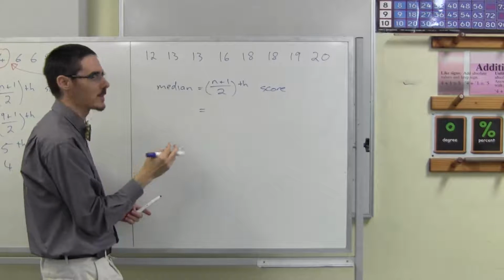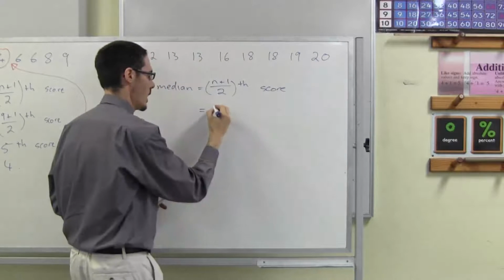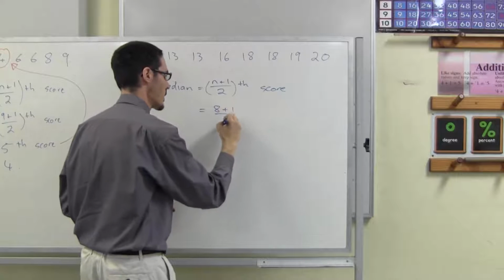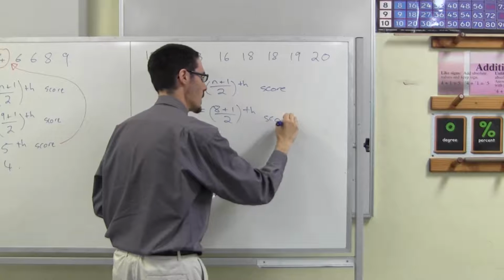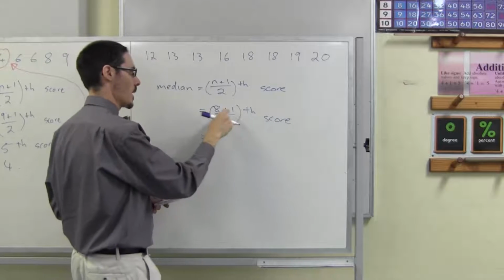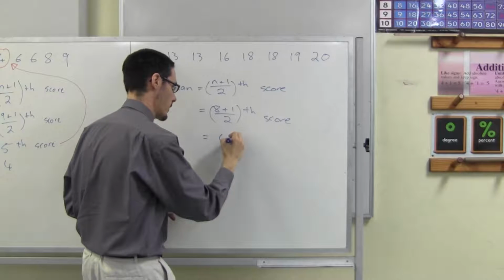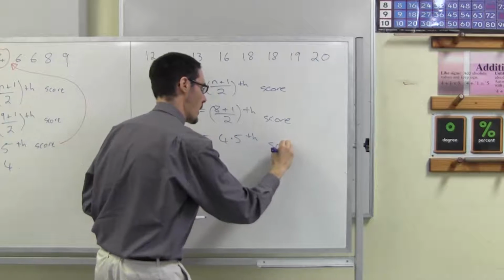Okay, how many scores have I got? 1, 2, 3, 4, 5, 6, 7, 8. 8 plus 1 over 2, that's not the median, that's the position of the median. Well, 8 and 1 is 9, over 2, which is 4.5th score.